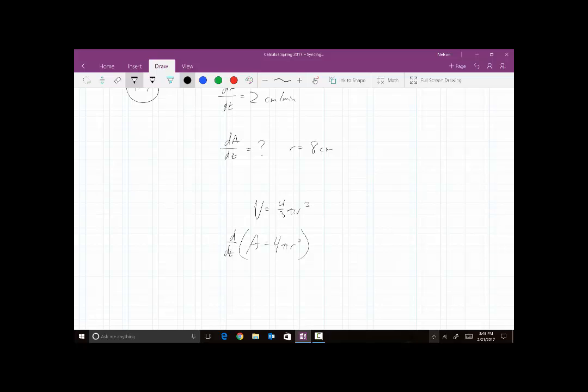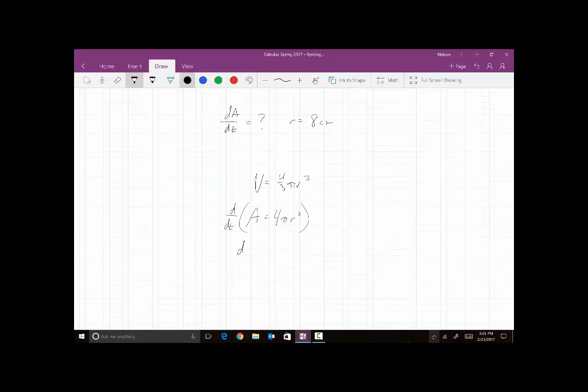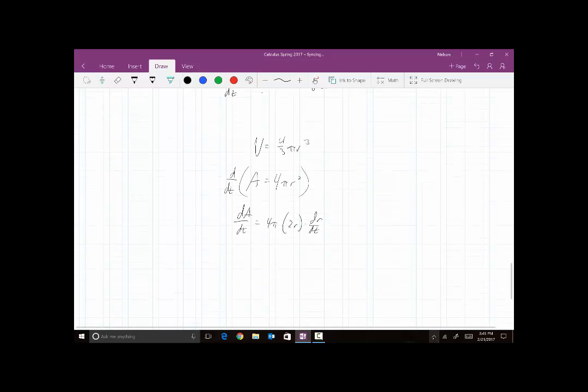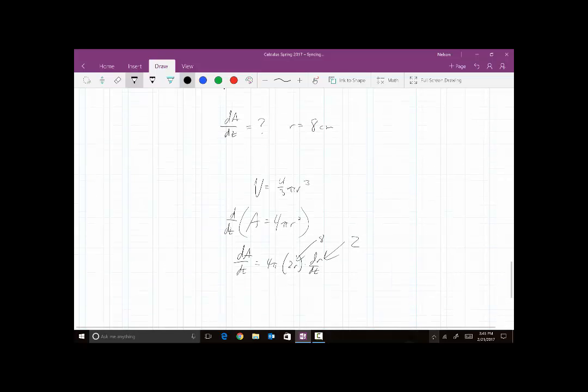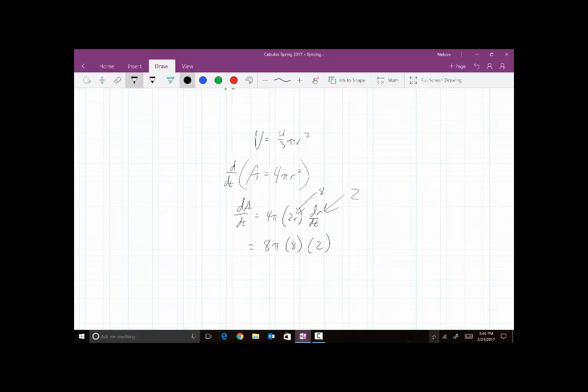So we're going to take the derivative with respect to t. We get dA/dt is equal to 4 pi times 2r times dr/dt. We're given that dr/dt is 2, and r is 8, so we're kind of done. We get 4 times pi times 8 times 2, which is 64 pi.